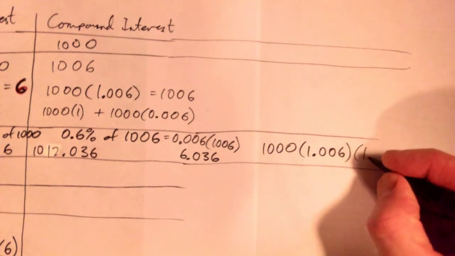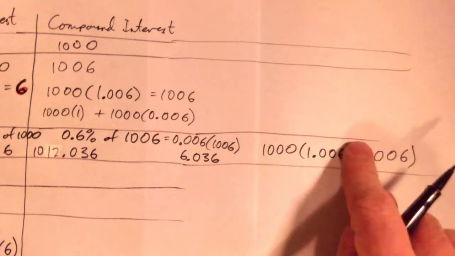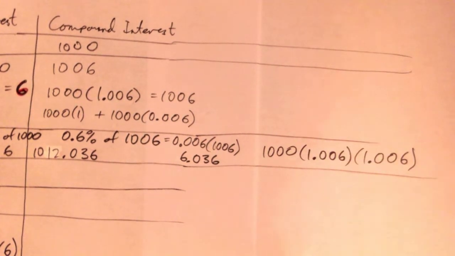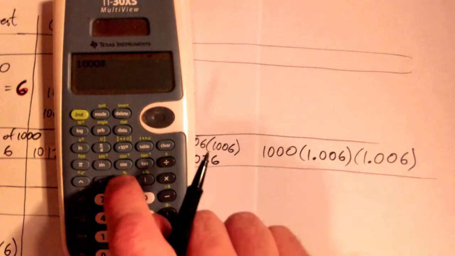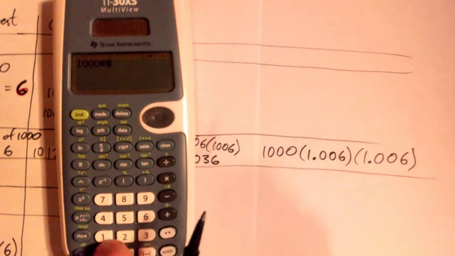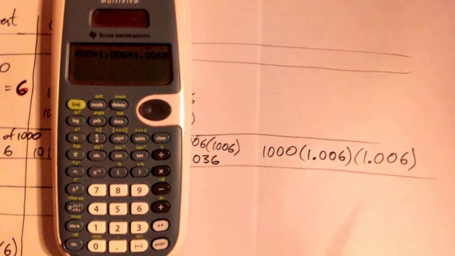What happens if I multiply it by this again? I'll get the same thing back with the 1, and I'll get the 0.06% as well. What does that look like? 1,000 times 1.006 times 1.006. What's that going to give?